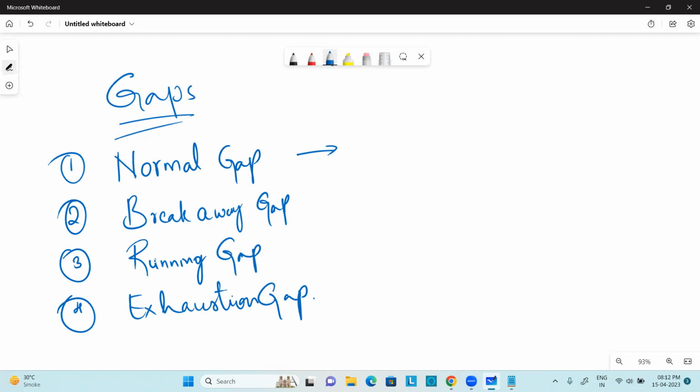So in SGX up, suppose the market is in uptrend and the SGX has closed at the positive note, then Indian market will open gap up at that location. So एक common gap, normal gap है. We call it a normal gap.